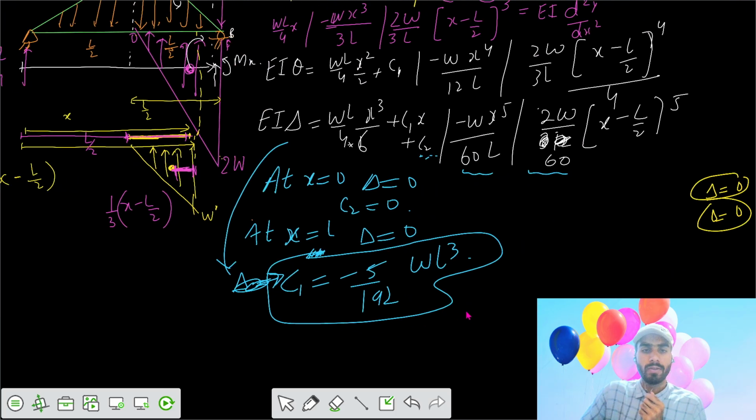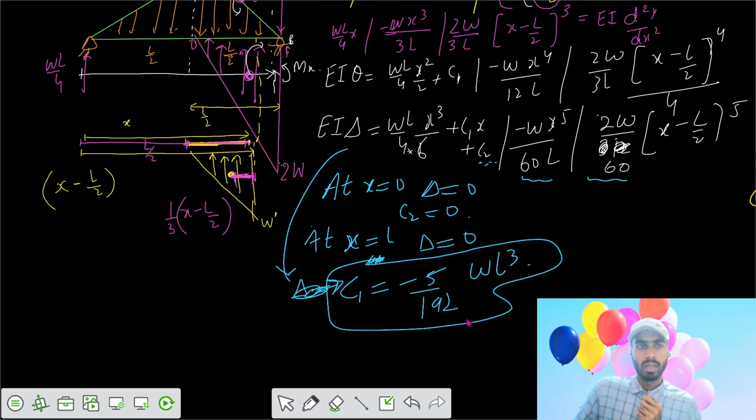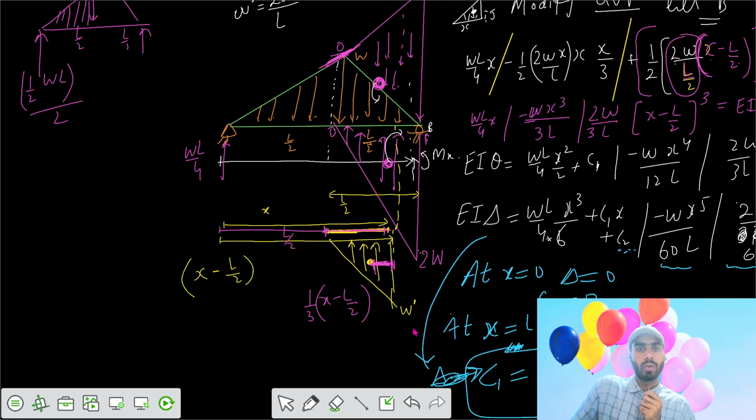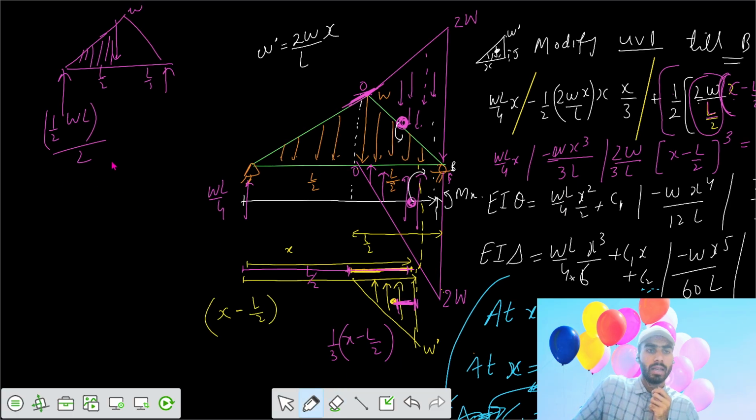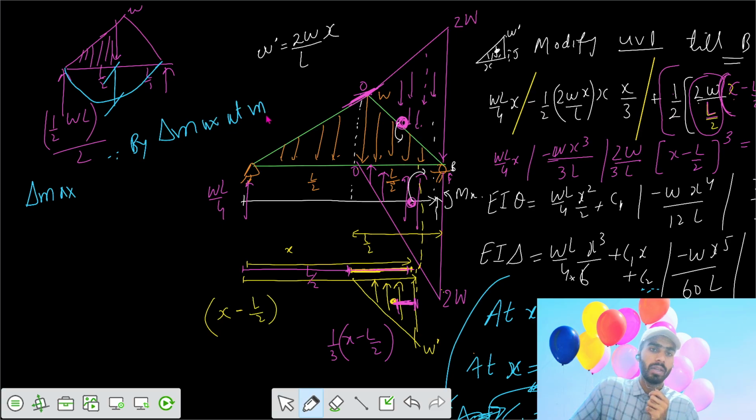So when you get the value of C1, the question was to get the value of deflection, that is, get the value of delta max. So delta max, by symmetry we can say, is at mid, that means at L by 2.